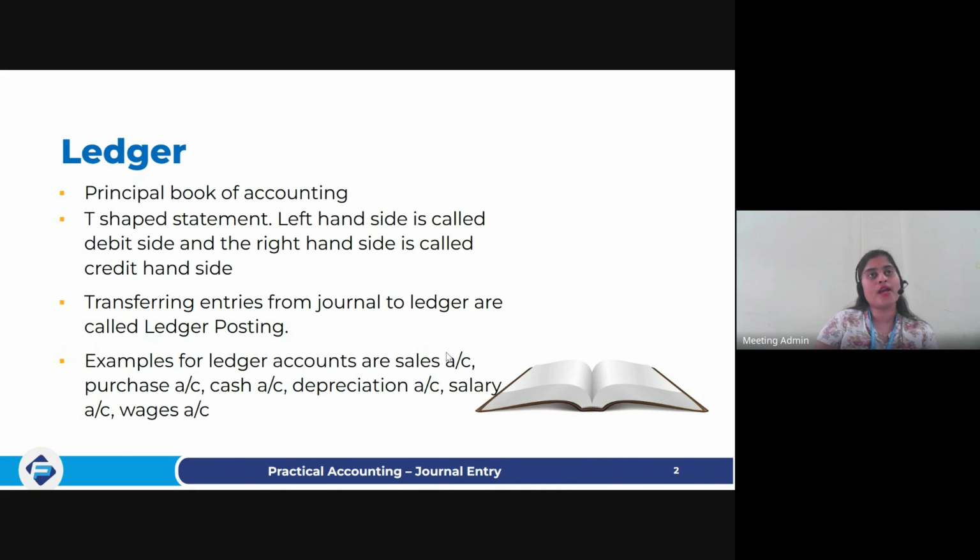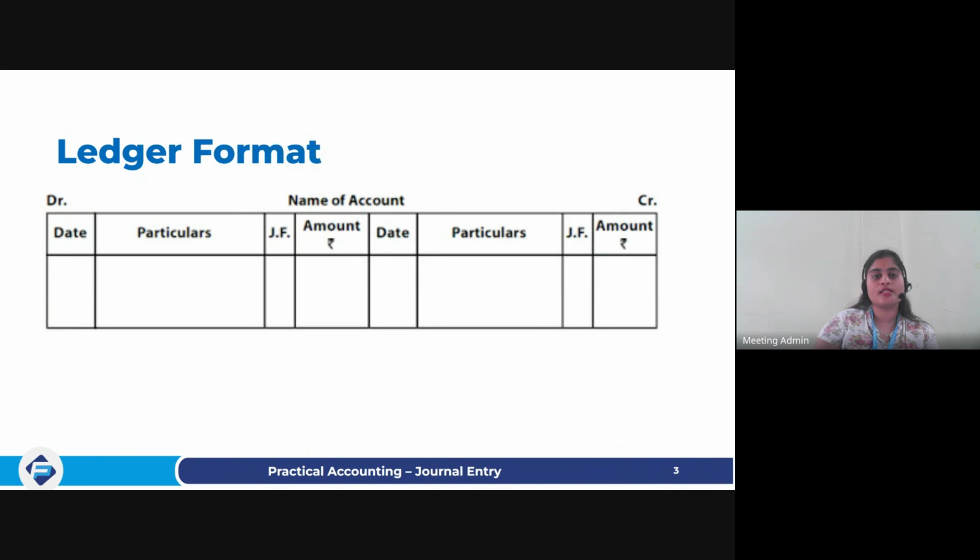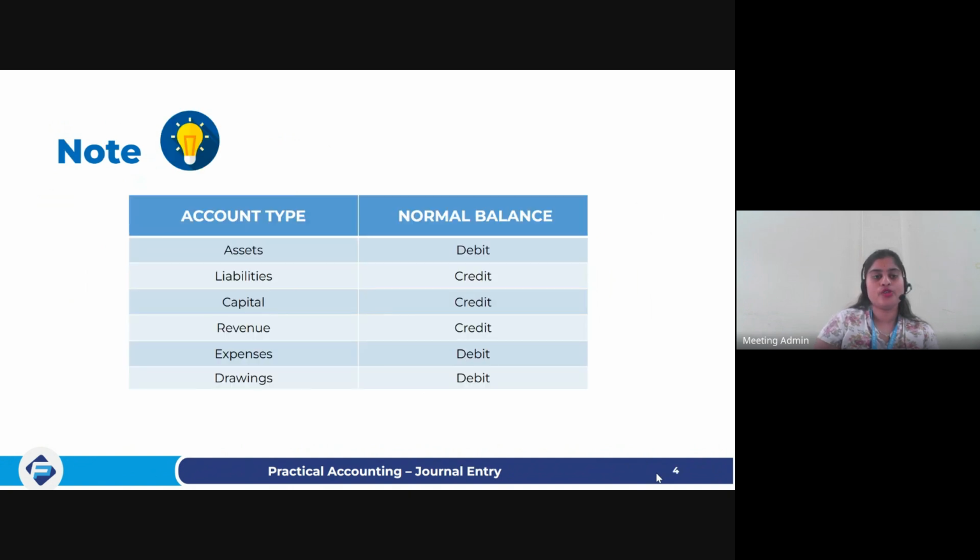These we are going to record under the particular ledgers. This is the format we are going to use: date, particulars, journal folio, and amount on each side.